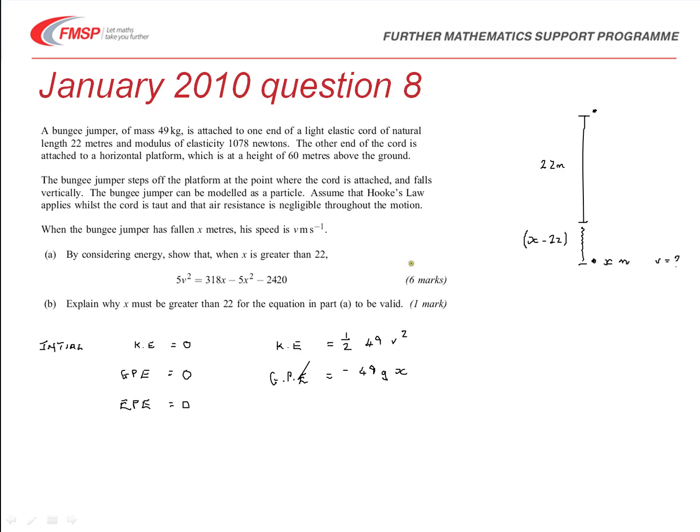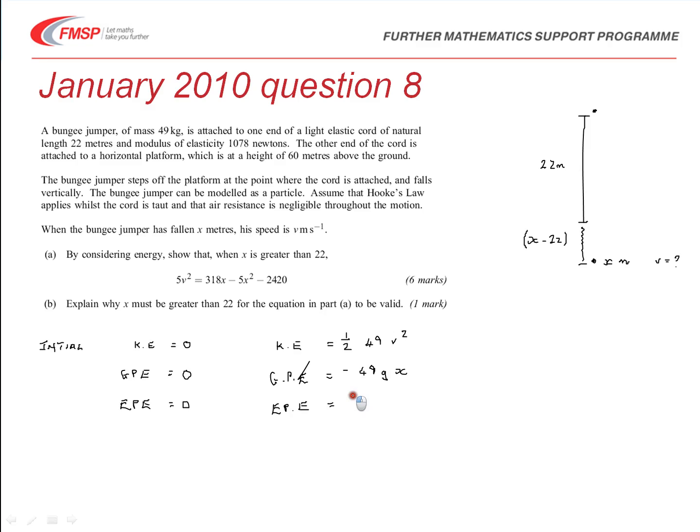And then the elastic potential energy at the point to which we've fallen, x, will be given by, if you remember, a half lambda e squared, that's the extension squared, over the natural length.